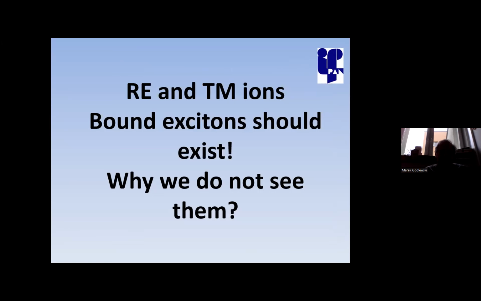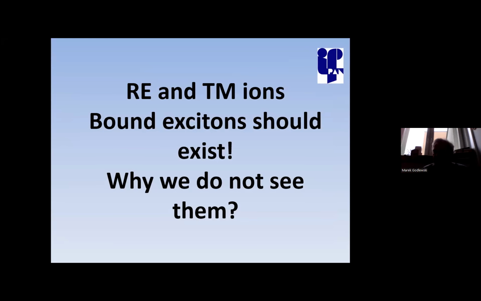But okay, if they are common, why do we not see them? And why, if I look through the literature, is the number of cases suggesting that such states exist really very limited?